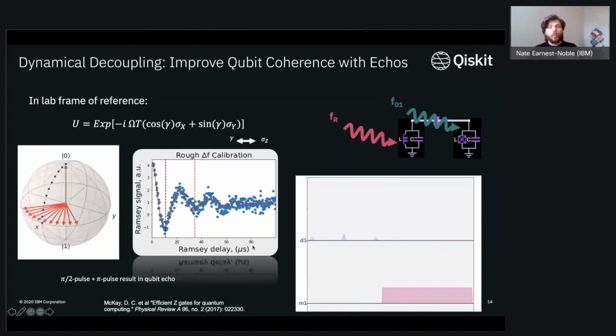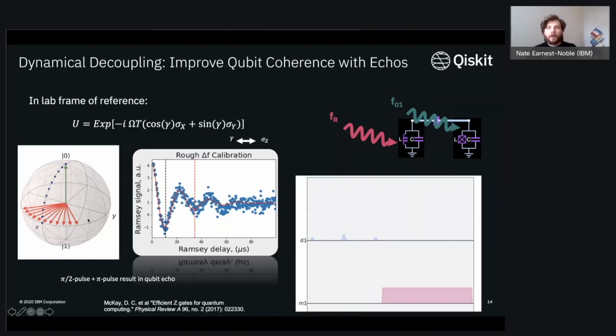But going back to this, one important thing I want to mention is this idea of dynamical decoupling. Namely, you can improve the coherence of your qubits by adding in dynamical decoupling. Here we have the same Ramsey experiment, but in the middle, we're going to add in an extra pi pulse. This helps improve what is known as a T2 echo.